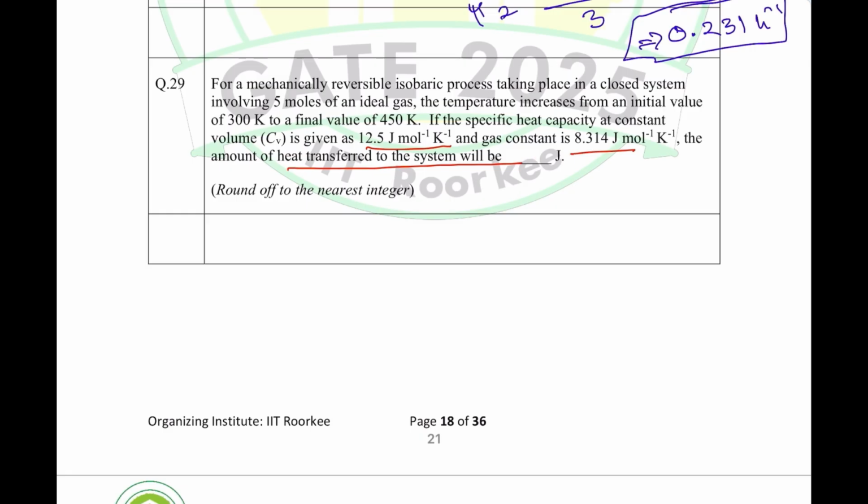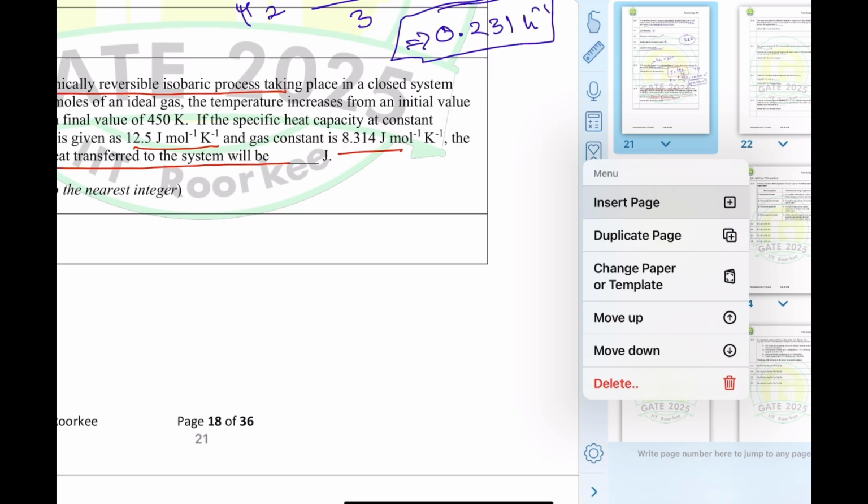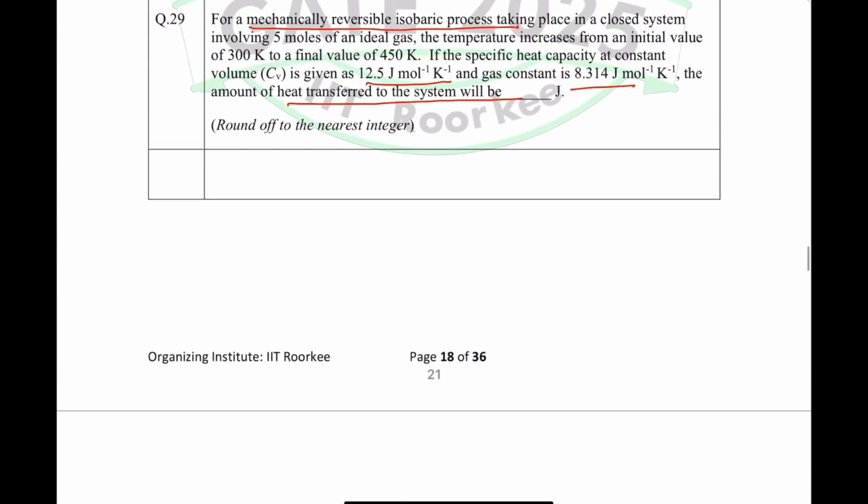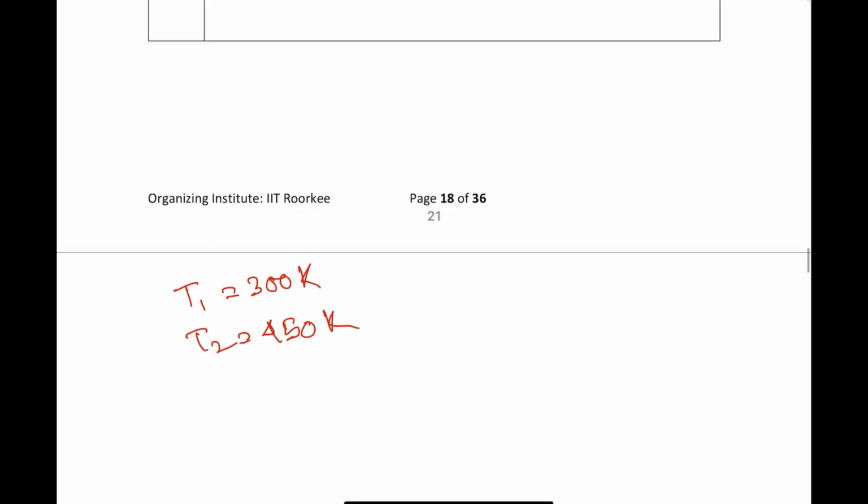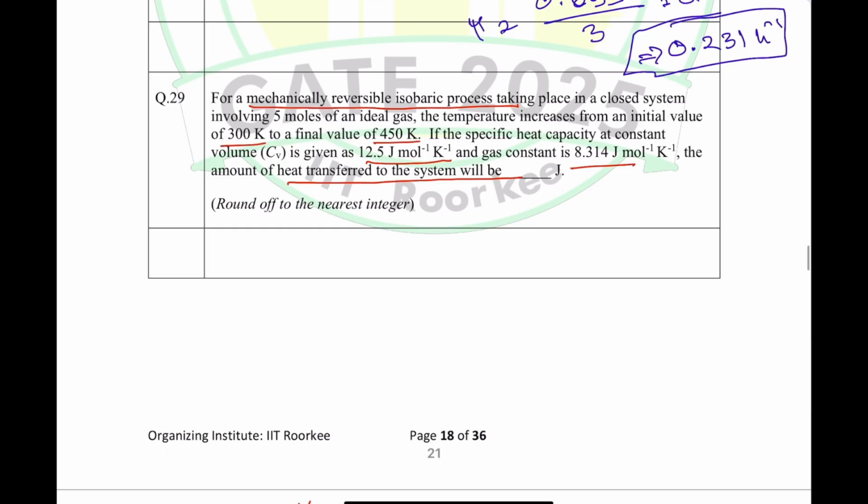Okay, for that, the process is a mechanically reversible isobaric process. The system is a closed system with 5 moles of ideal gas. Here two different temperatures are given: T1 is 300 and T2 is 450 Kelvin.